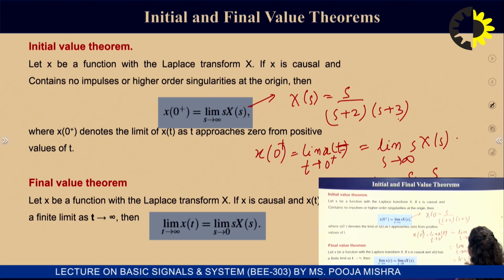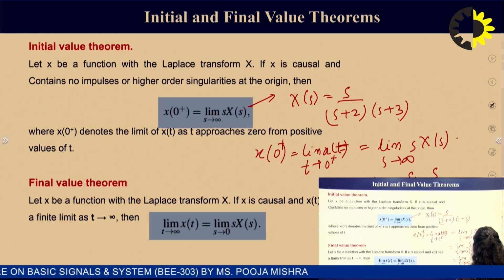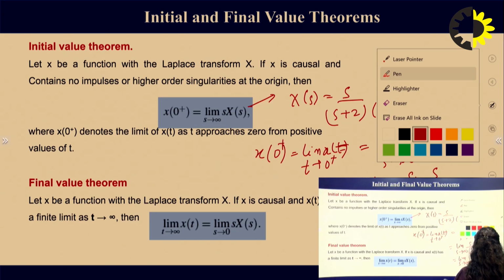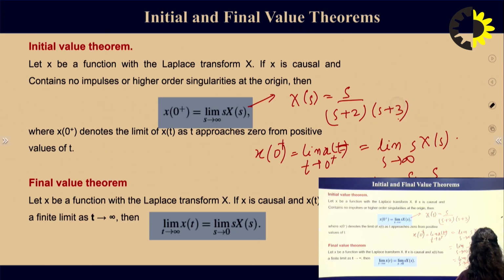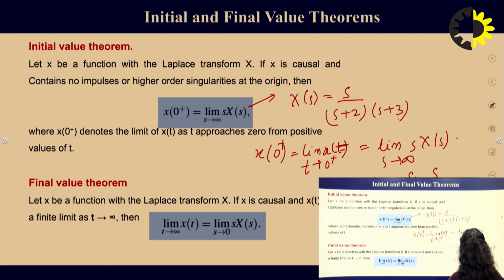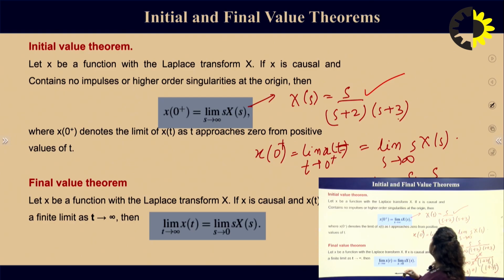So this is limit s tends to infinity s square upon s square (1 plus 2 by s)(1 plus 3 by s). So when you put s tends to infinity, it will give you 1 plus 0 and again 1 plus 0, which is the value 1. By this way, we can calculate the initial value of this particular function, that is X(s) equivalent to s upon (s plus 2)(s plus 3).